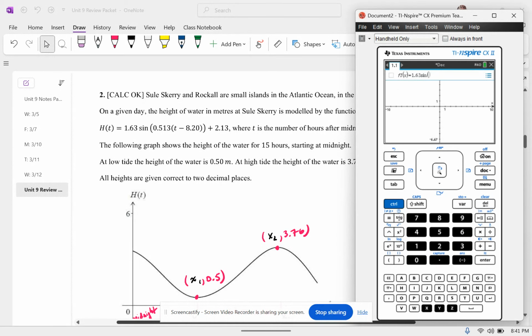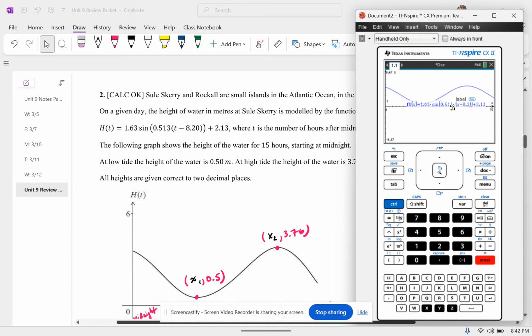1.63 times the sine of 0.513 times (x minus 8.20) plus 2.13. Okay, cool. And we are starting at 0, and going up to 15 hours.